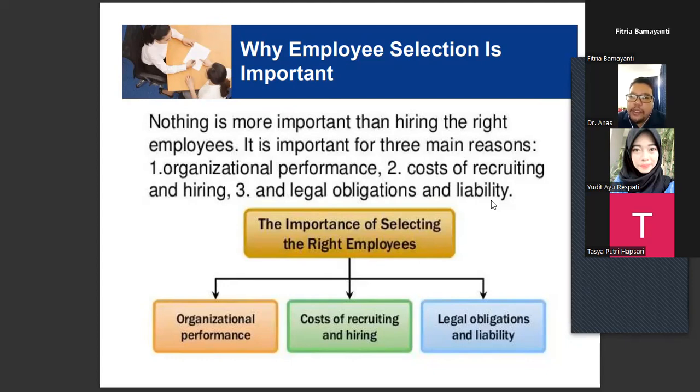Also, legal obligations and liabilities will be minimized because there is no issue if the organization selects the right employees. Next slide.